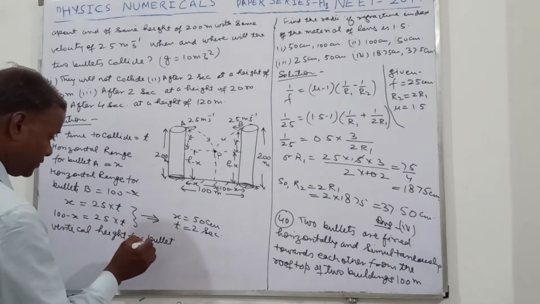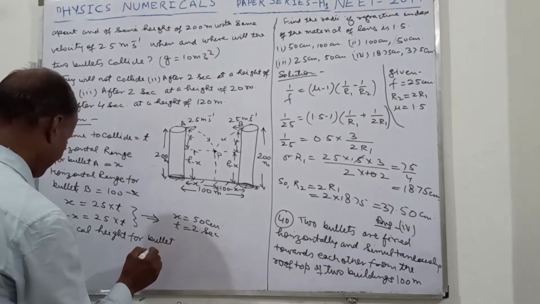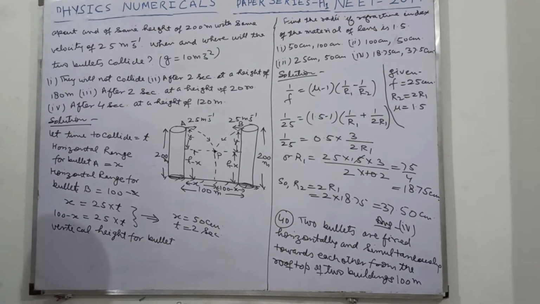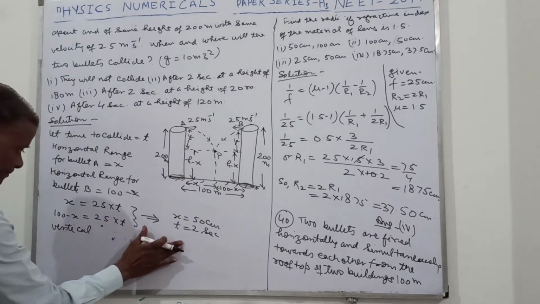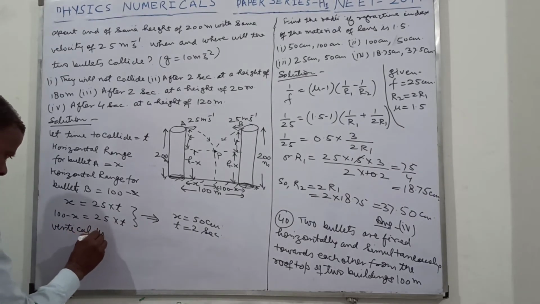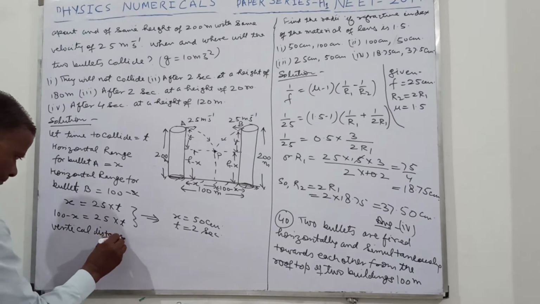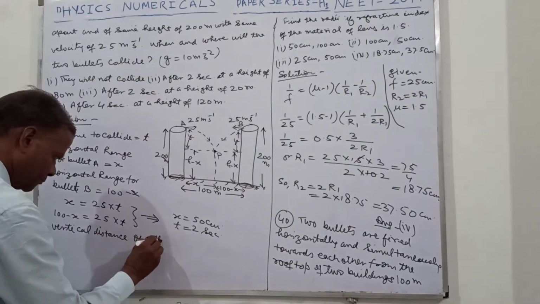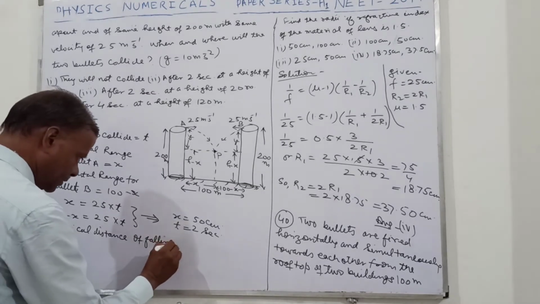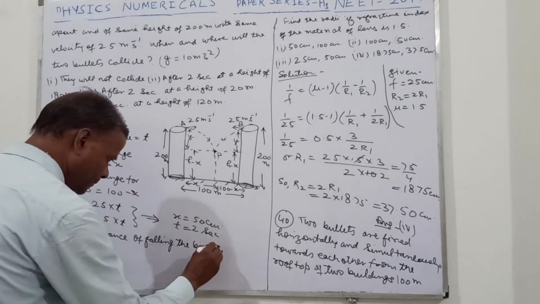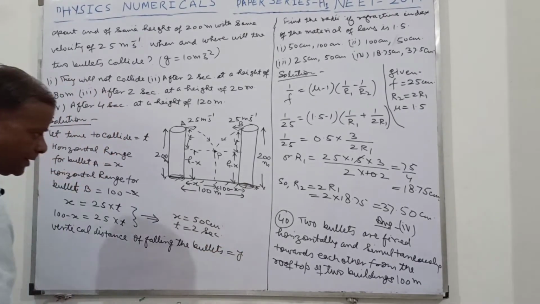Vertical height for each bullet, this is the vertical distance of falling of the bullets, equal to y.